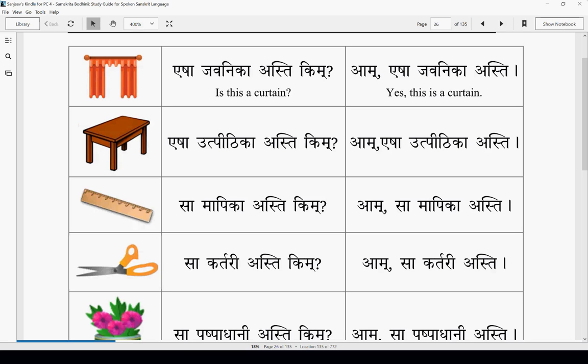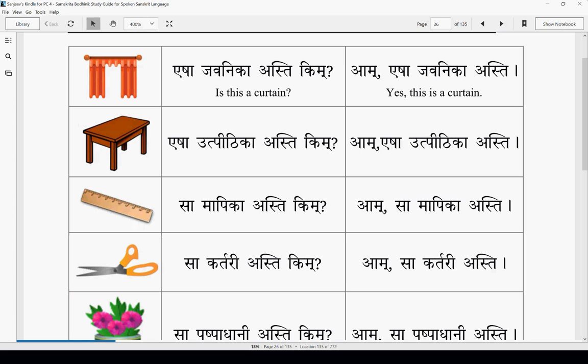The other one is ending here in the long e, like kartari. Both types in Strilingam are very common, like in Pullinga the words ending in a and visarga are common, at least in recent Sanskrit classes. And similarly, in Strilinga words, a and e are common. Like javanika, kartari, nartaki, nadi, etc. These are e ending words.